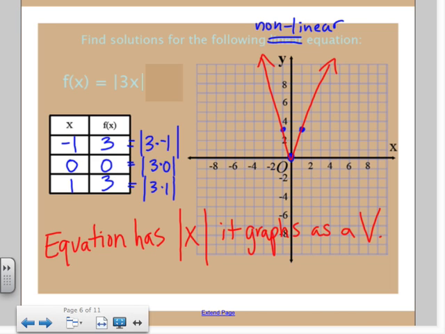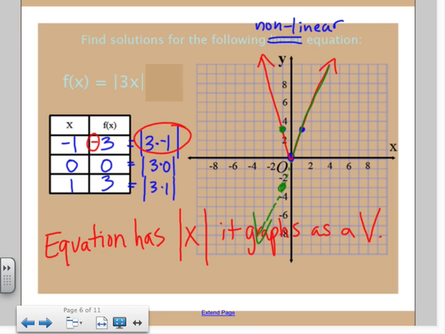Okay. So let's talk for a second about why this is. The absolute value one's an easier one to realize. If the absolute value bars weren't there, then this first one up here would have been a -3. That would have been negative, okay? So instead of this point up here, I'll make it green, instead of that point being there, it would have been down here. And this would have been a straight line, right?